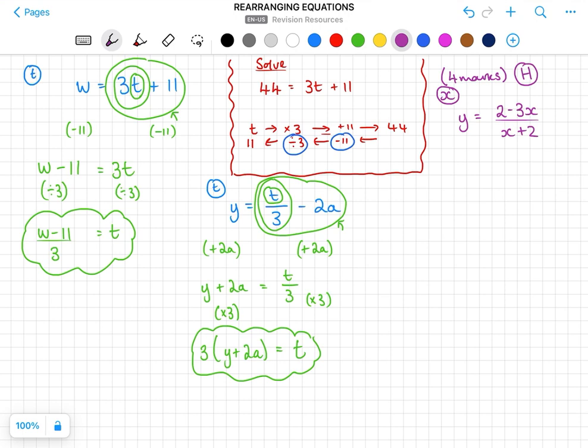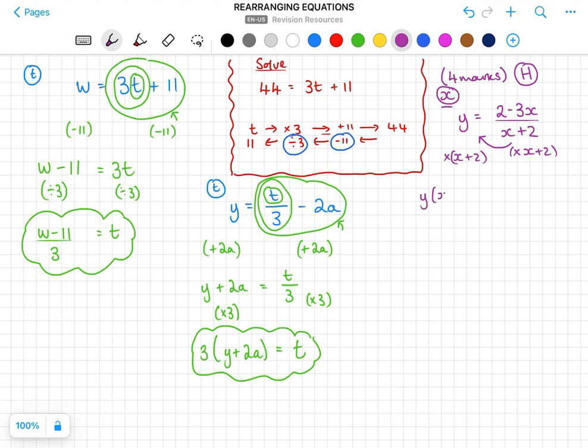When we're doing these more difficult rearranging, it will always involve factorising, to factor out the letter you want to make the subject. How we get to that stage? We first multiply by x plus 2 because then that gets the x plus 2 on the opposite side of the equals.